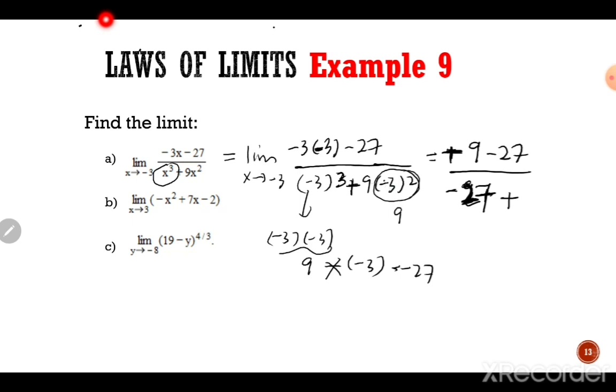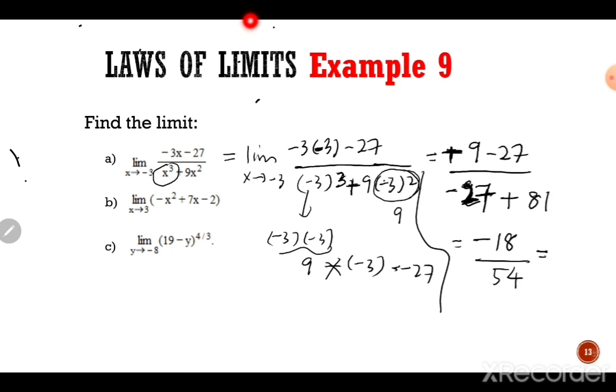So 9 darab 9 is 81. So see what we get. 9 tolak 27 is -18. -27 tambah 81. Tekanlah calculator kalau you tak sure.